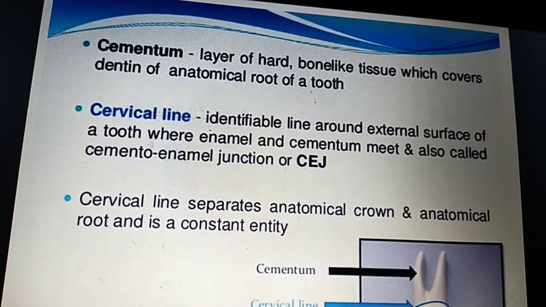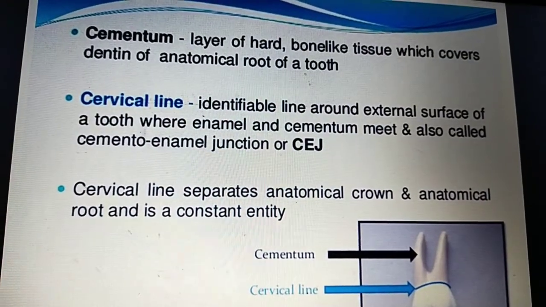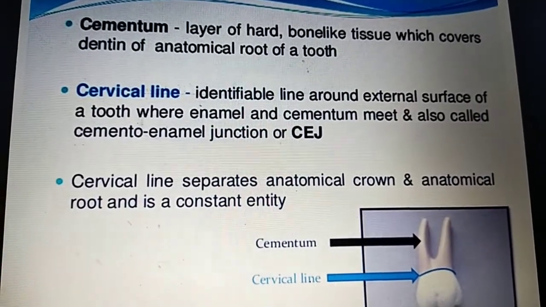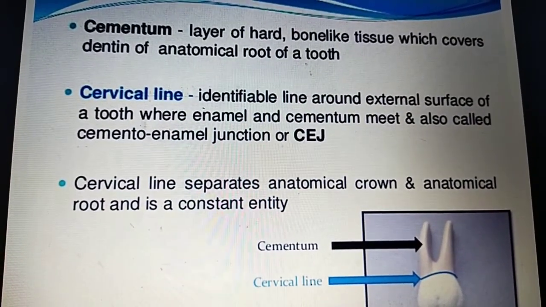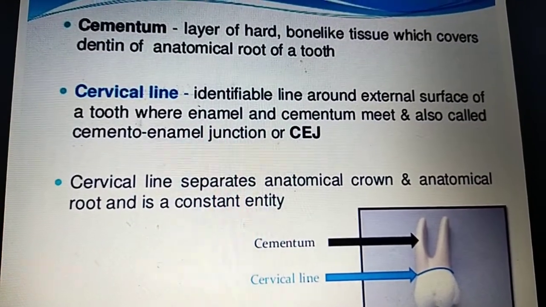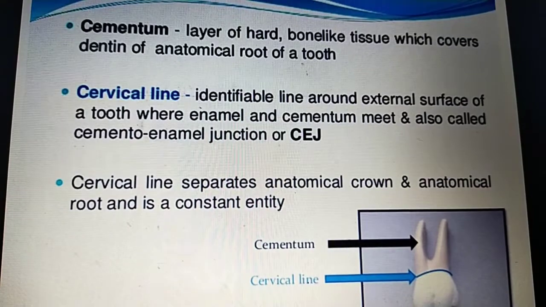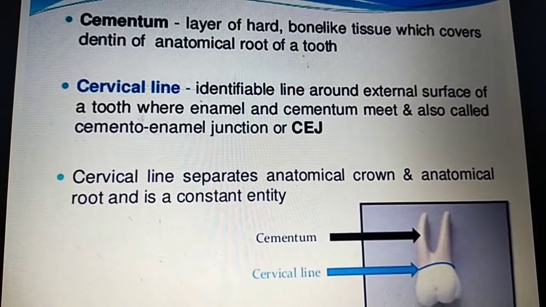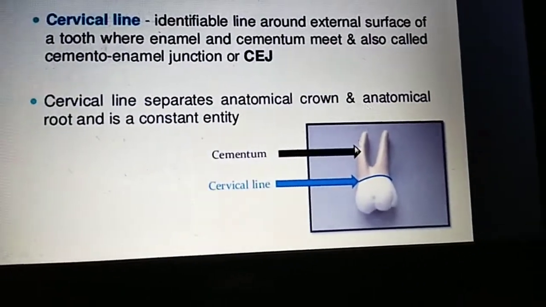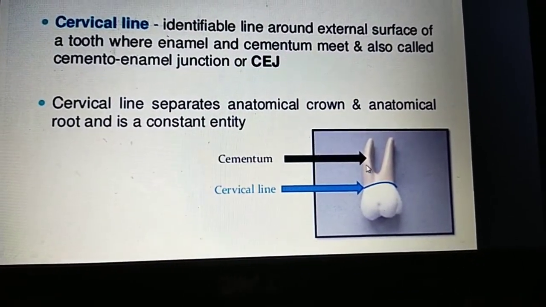Cervical line: the identifiable line around the external surface of the tooth where the enamel and cementum meet, also called the cemento-enamel junction or CEJ. You can see here, this is the enamel and this is the cementum.